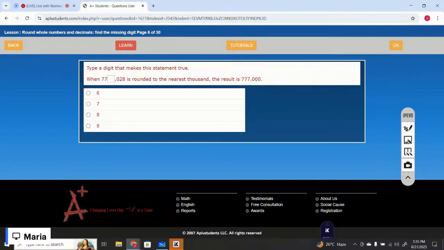When 77,028 is rounded to the nearest 1000, the result is 77,000.